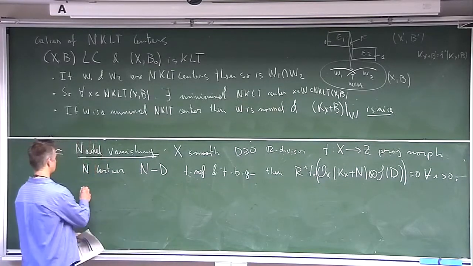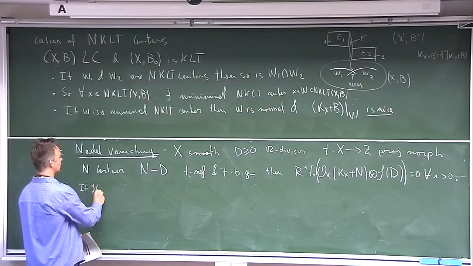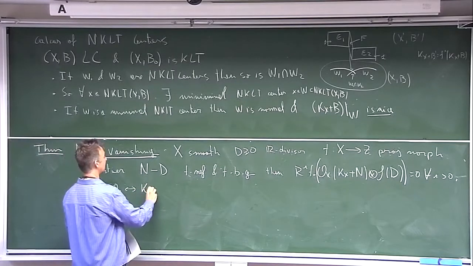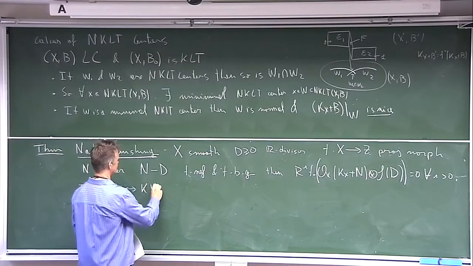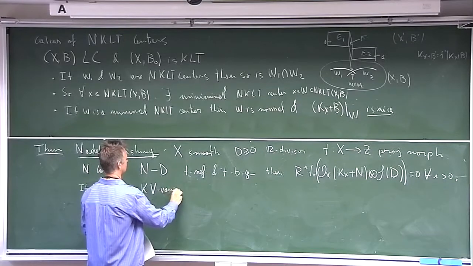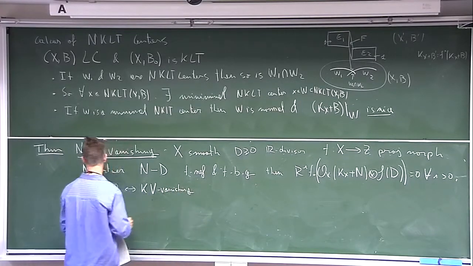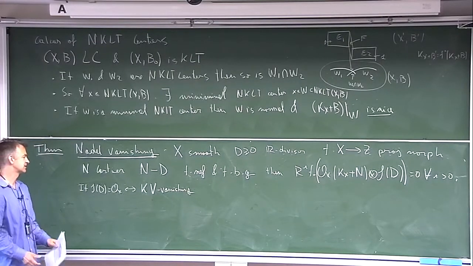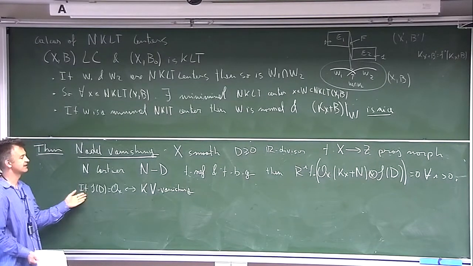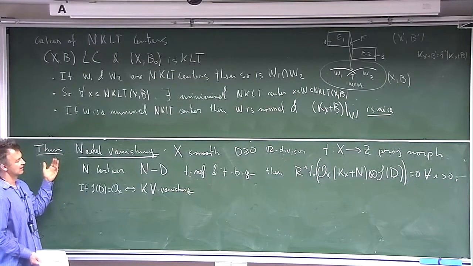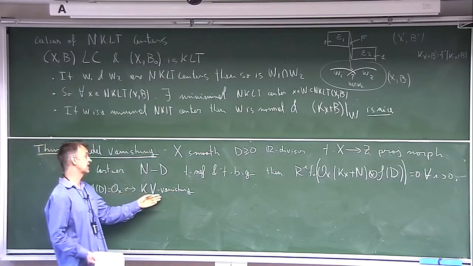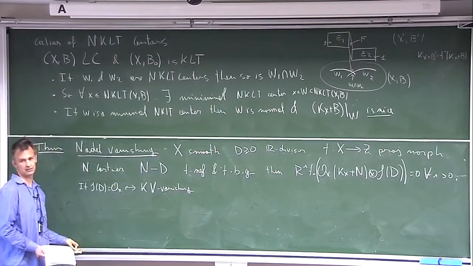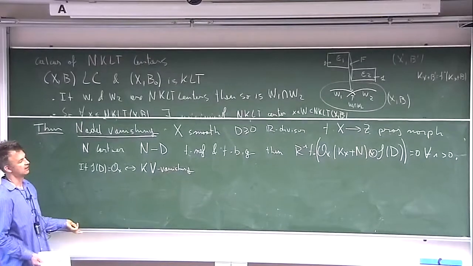So if the multiplier ideal of D is trivial, this is equivalent to Kawamata-Viehweg vanishing. But as you'll see in a second, this is slightly an overstatement, because if you buy Kawamata-Viehweg vanishing, then this is an immediate corollary. So I'll write it down as a consequence in a second.